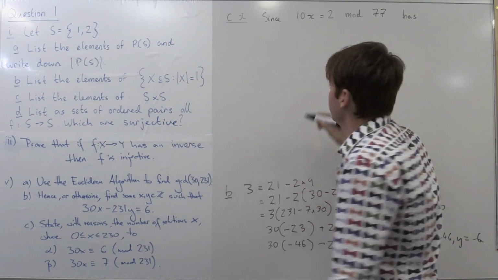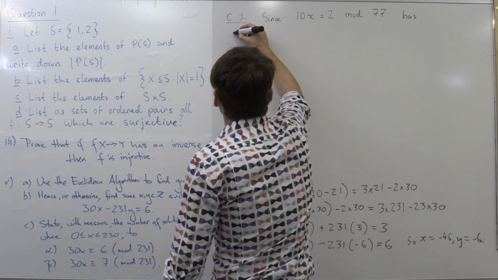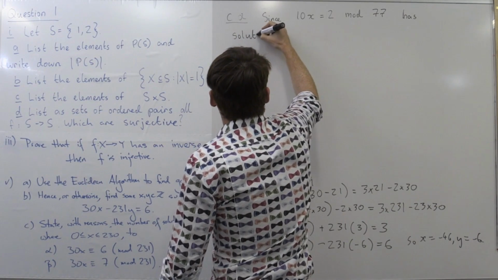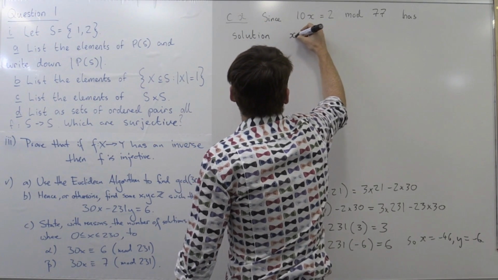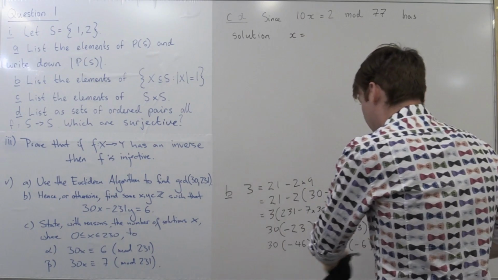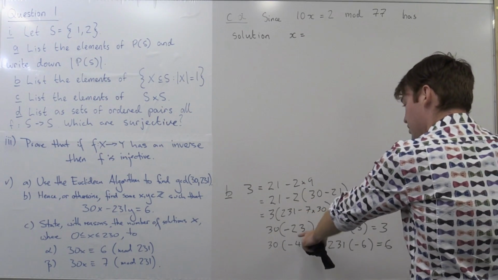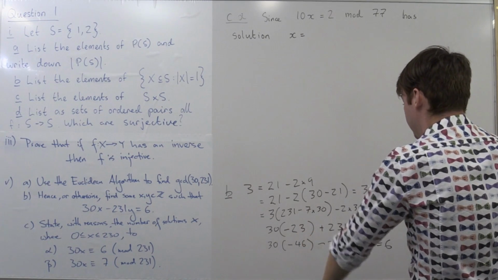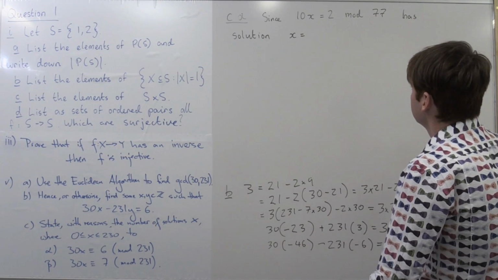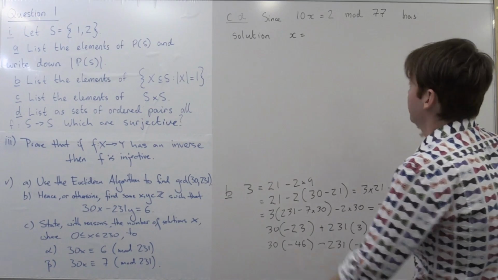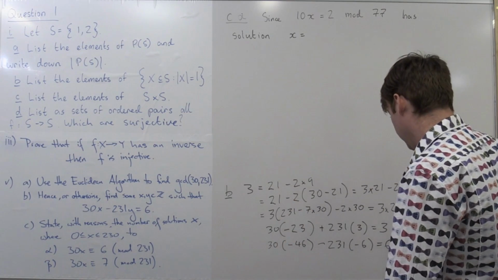has one solution, essentially. x is equal to just whatever x I had before. So where was my x from before? This one, negative 23, divided by 3. Yeah.